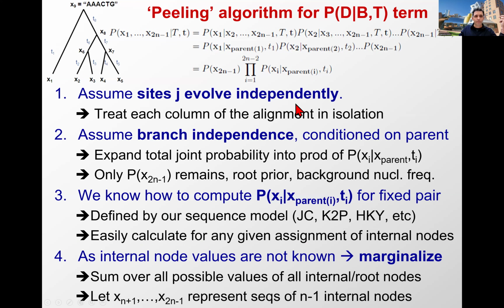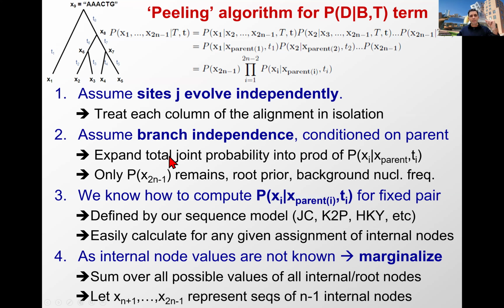That's step 1. Step 2, we're going to assume that every branch evolves independently from all other branches. In other words, it doesn't matter what happens in T6. T7 is going to have its own evolutionary process. That's fine as well. So we're going to condition on the parent and just say, if I've observed the parent, I don't care what happens in T6. I'm just going to evolve down my T7 branch.